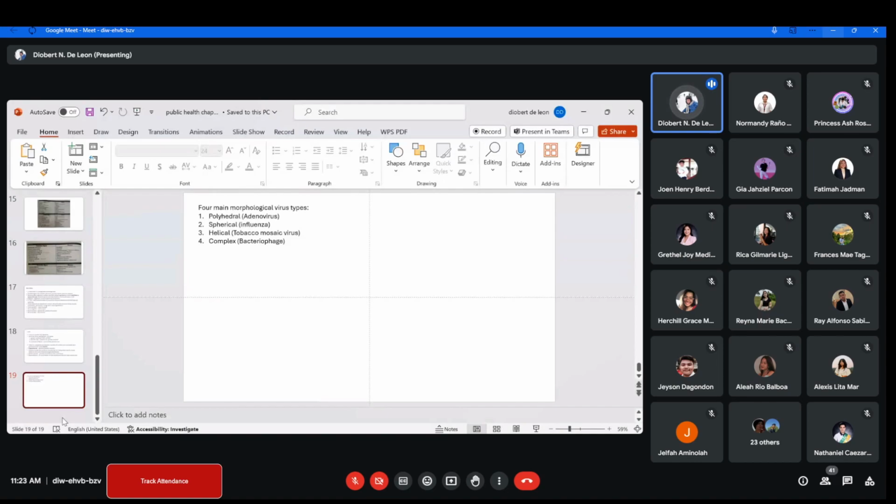Okay, the last main morphological virus type is the complex virus, or viruses that have a combination of icosahedral and helical shape, and they have a complex outer wall or head-tail morphology. The head-tail morphology structure is unique to viruses that only infect bacteria and are known as bacteriophages.